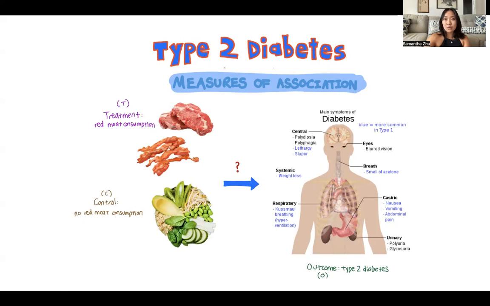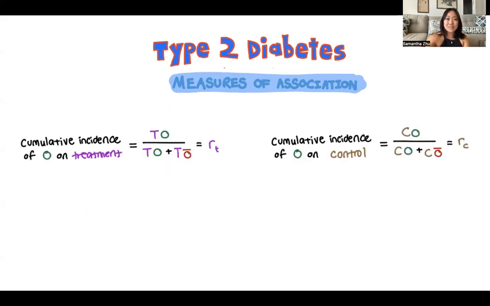In prospective cohort studies and clinical trials where the outcome measure is binary, association can be measured by relative risk and risk difference. Relative risk and risk difference both use these values of cumulative incidence of outcome on treatment and on control, which essentially calculate the proportion of the treatment or control groups that do end up getting type 2 diabetes.